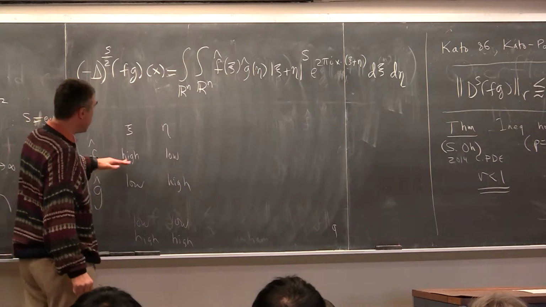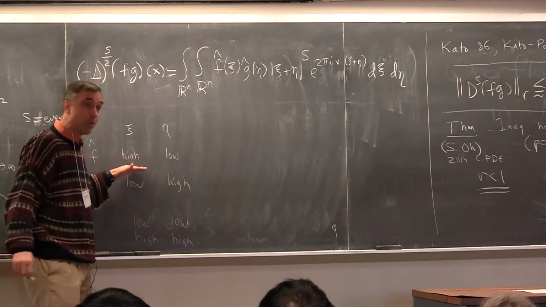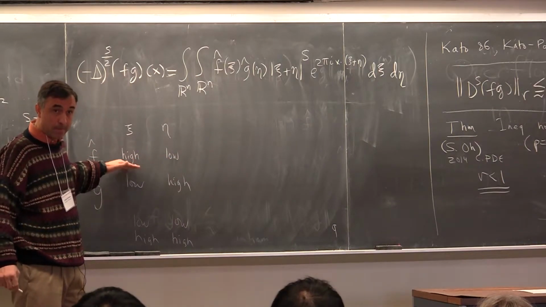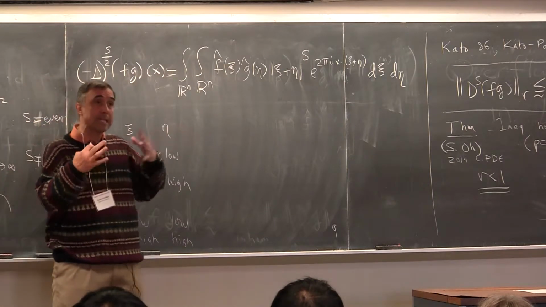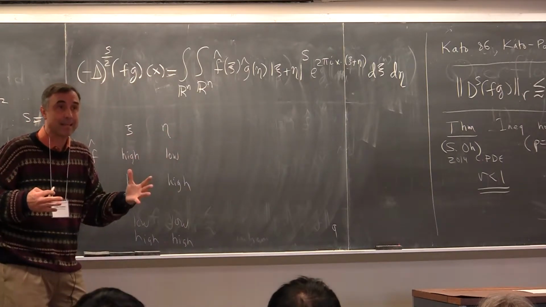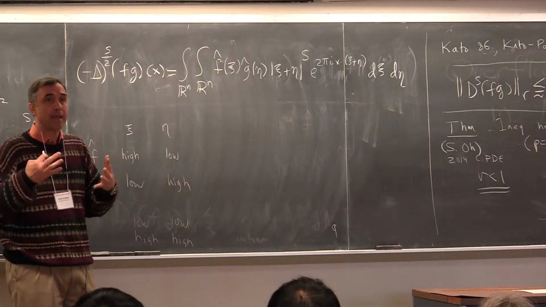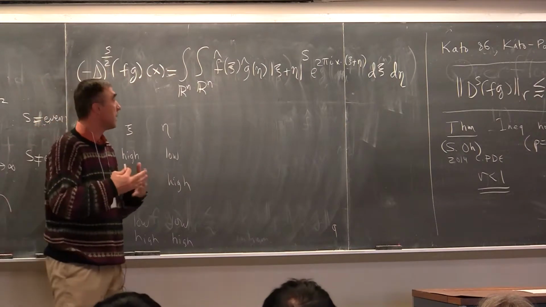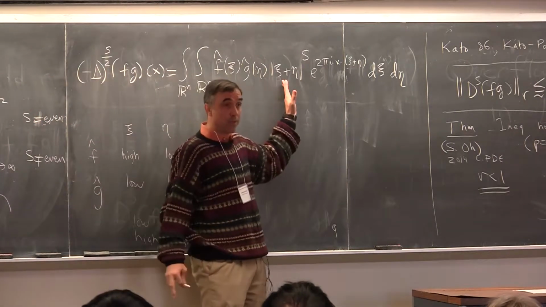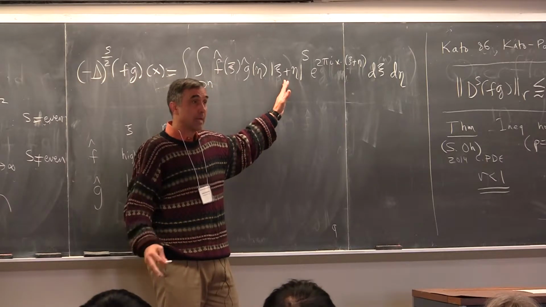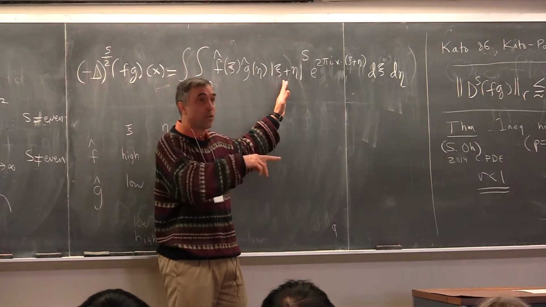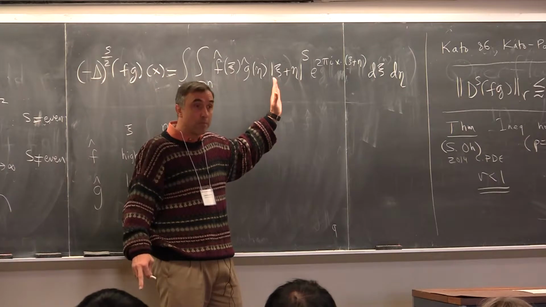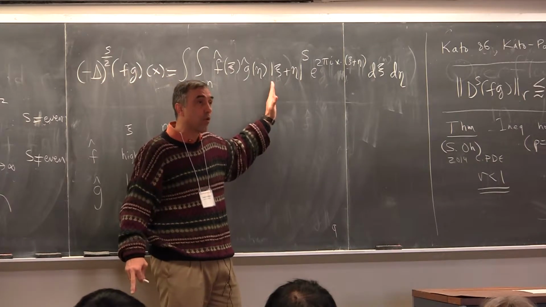Now it turns out that in this case, there's no interference. This case or this case. So in other words, xi is bigger than eta, or eta is bigger than xi. If eta is bigger than xi, and this function vanishes, and xi is 0, then eta will also be 0. So it will only vanish at one point. There will be a singularity only at a point.